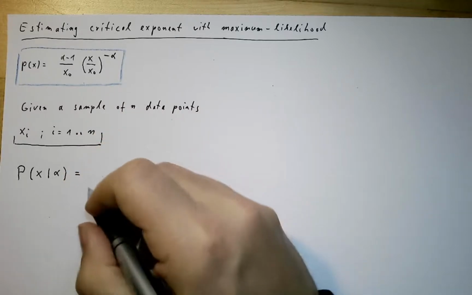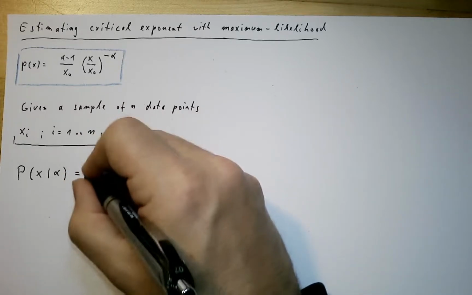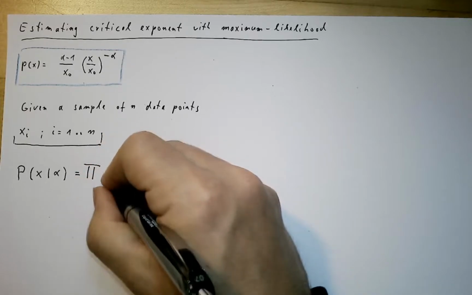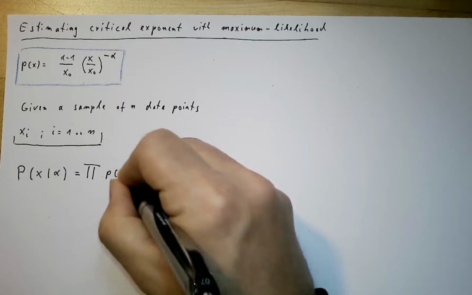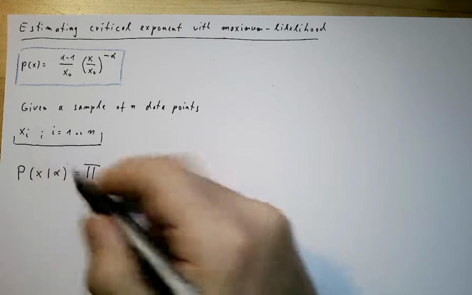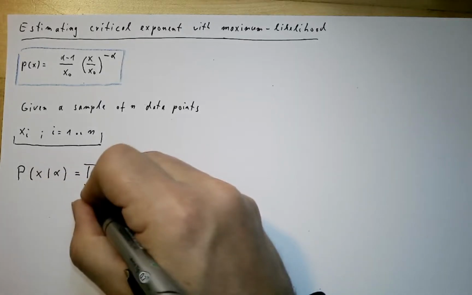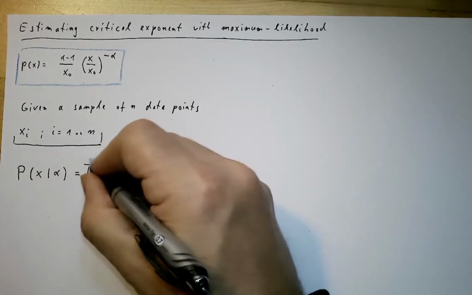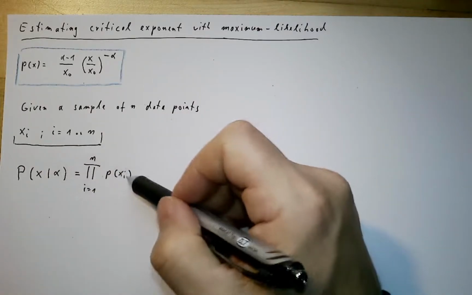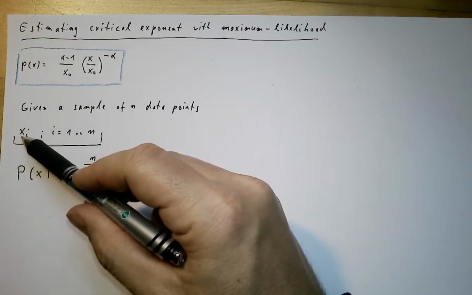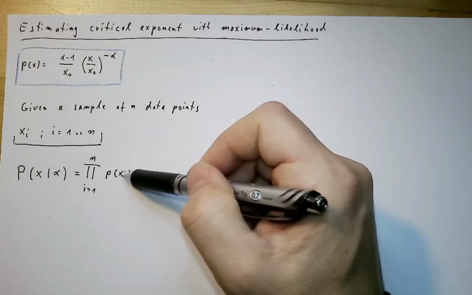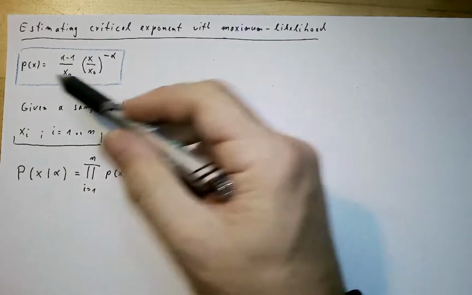So what would be this probability? It would be the product of p of all the xi's, and we run from i equal 1 to n. Right? Because every value of our sample has a certain probability to be realized.